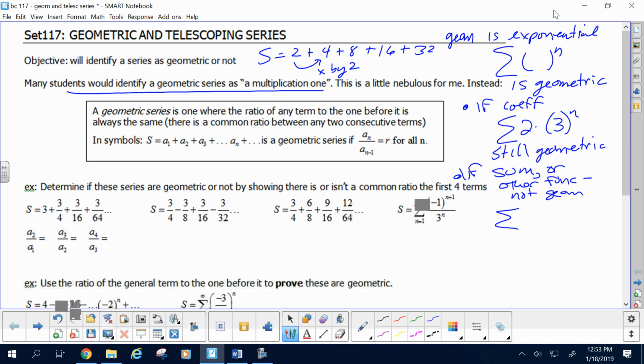For example, if you have 2 plus 3 to the n, that's not geometric. You could split that into 2, and one of them is geometric. We'll talk about that later. n factorial over 3 to the n. Yes, it's got that exponential component, and so it feels like maybe geometric, but because of that factorial, not geometric. These are not geometric. You follow?